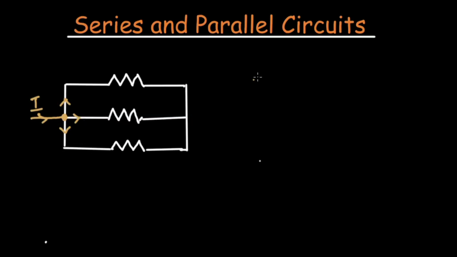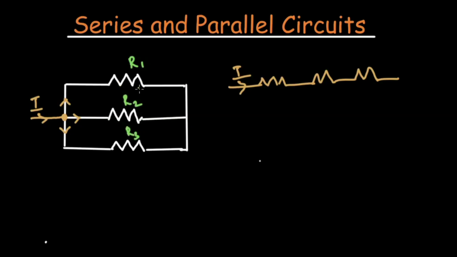Unlike our series resistance, where the same current flows through each of the resistors, here because our current is going to go in different directions, we're going to have different currents. So if this is R1, this is R2, and this is R3, the current passing through R1 will be different from the current passing through R2, and different from the current passing through R3.